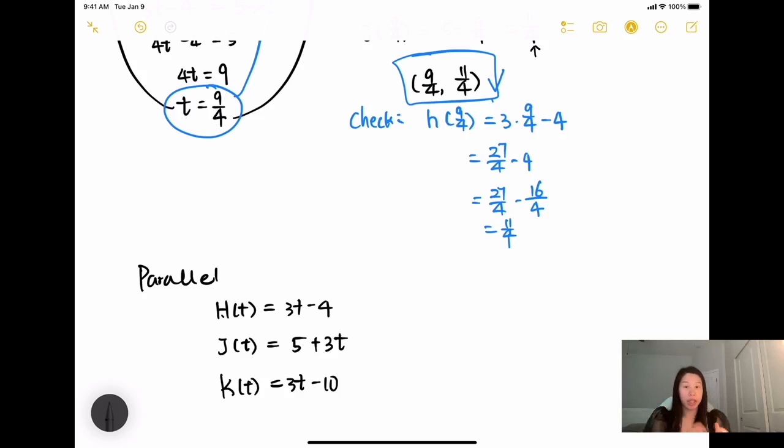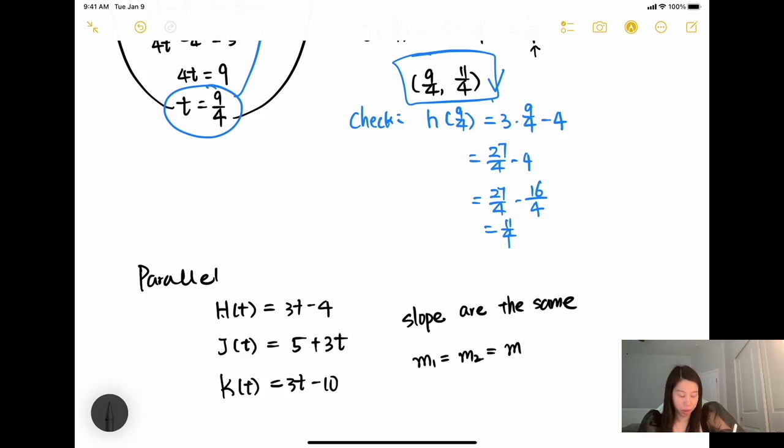What do they have in common? Right, the slopes are the same. That means when the slope m1 equals m2 equals m3, the lines are parallel.